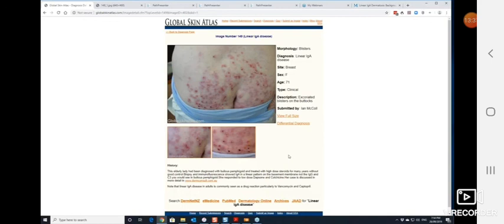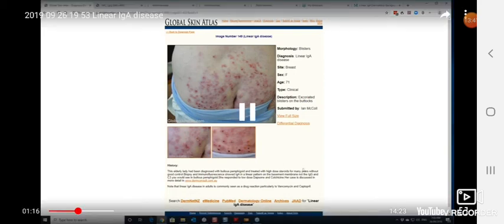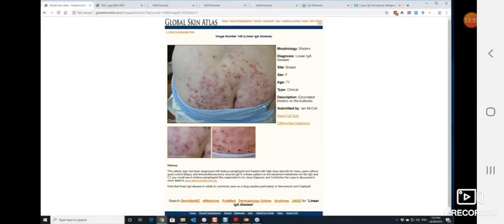The question as to whether she had a biopsy done before, she probably had, and it was probably just an ordinary H&E biopsy, and immunofluorescence probably wasn't done, because when we saw her later, we did do another biopsy and direct immunofluorescence, and it showed IgA in a linear pattern on the basement membrane, and not the IgG and C3 that you would see in bullous pemphigoid.